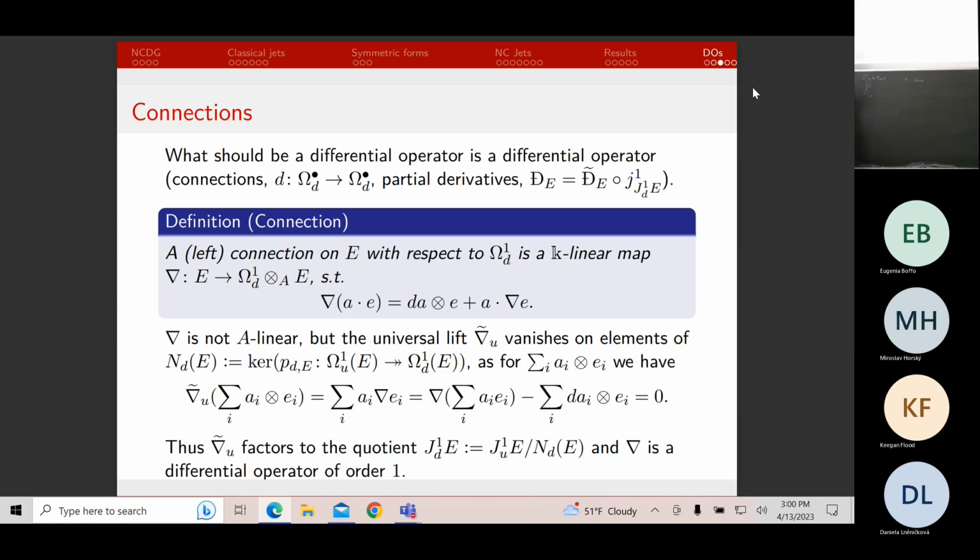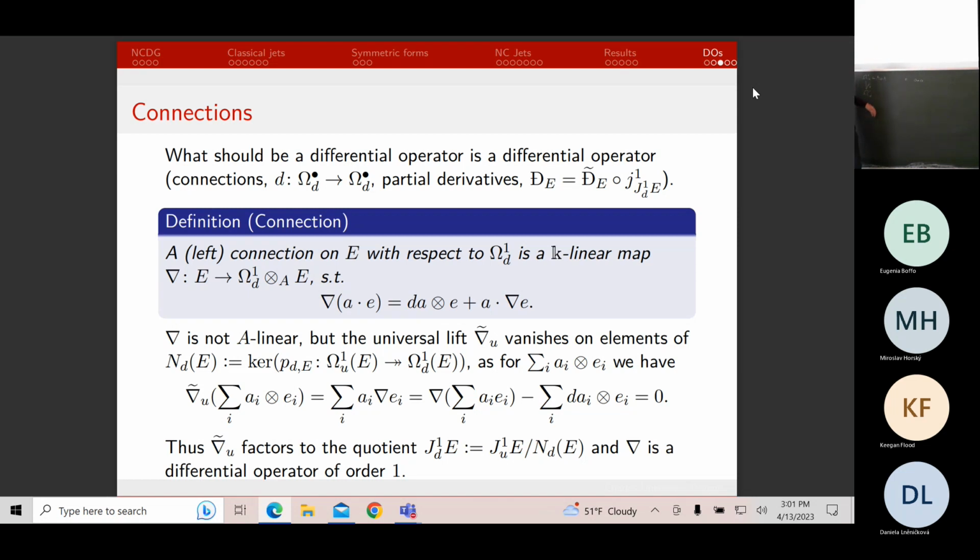There is no generic commutativity between the partial derivatives, but the two operations are quantum symmetric. So partial_i tensor partial_j minus the opposite turns out to be in S2, so this generalizes the Schwarz theorem. What else? The map that defines the jets is itself the lift of a differential operator.